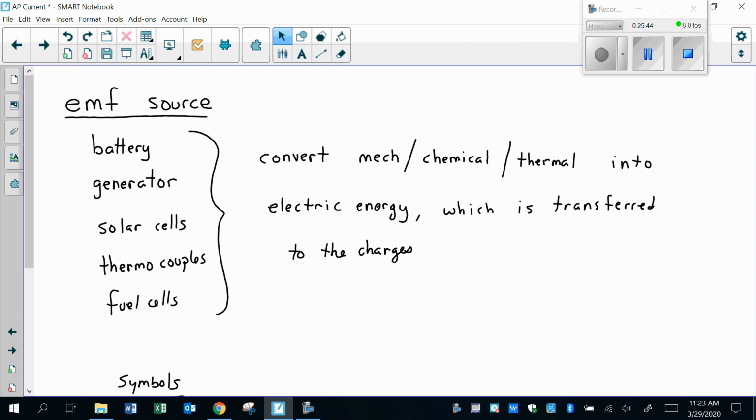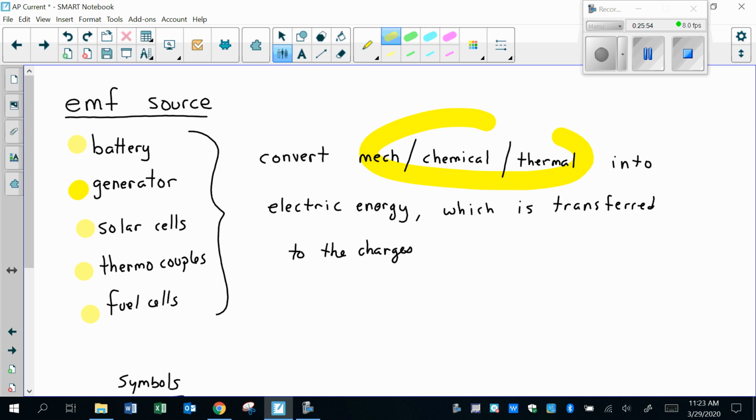Slide number 7 is a continuation of our electromotive force here. There are a lot of different sources that you can have, and what does it do? Basically, it's taking one kind of energy and turning it into electric energy, which we can then transfer to the charges. So battery, it's chemical energy. A generator is going to be some kind of mechanical energy, which is basically something moving.